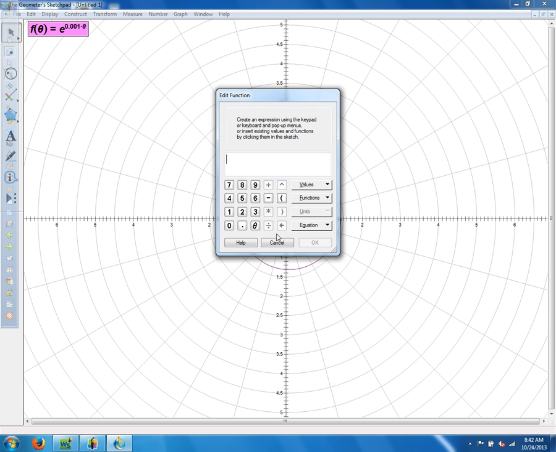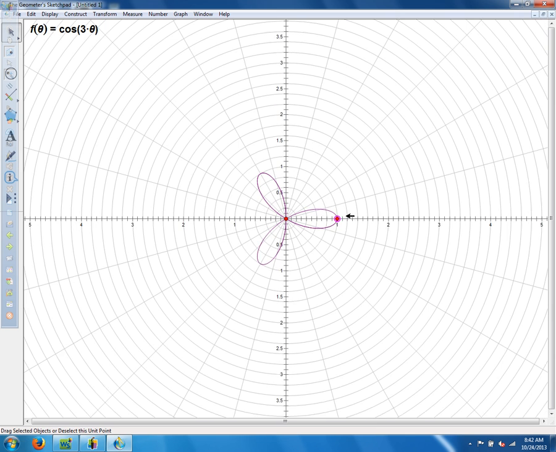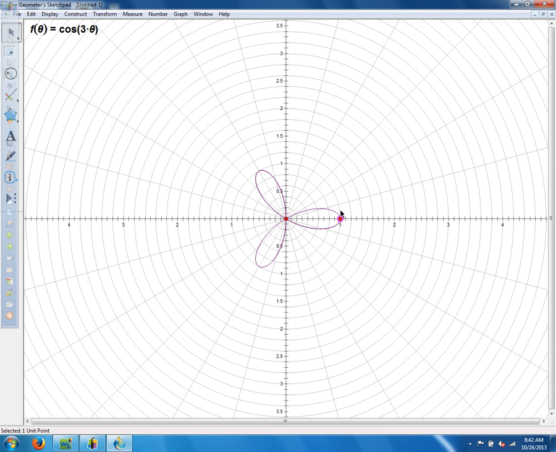So we graphed r equals cosine, let's do cosine 3 theta. So we graphed that already. We get this rose curve. So let's think about what would happen if I graphed the reciprocal of this.